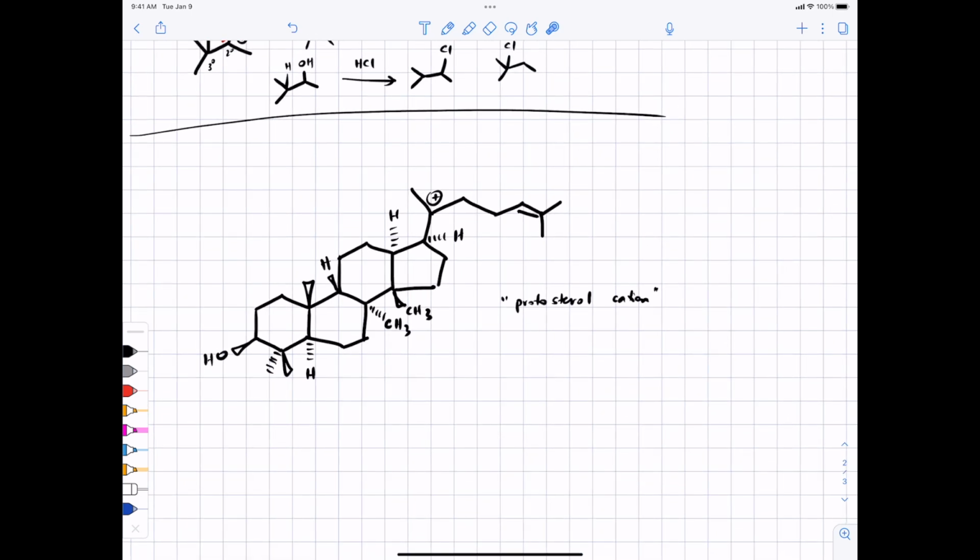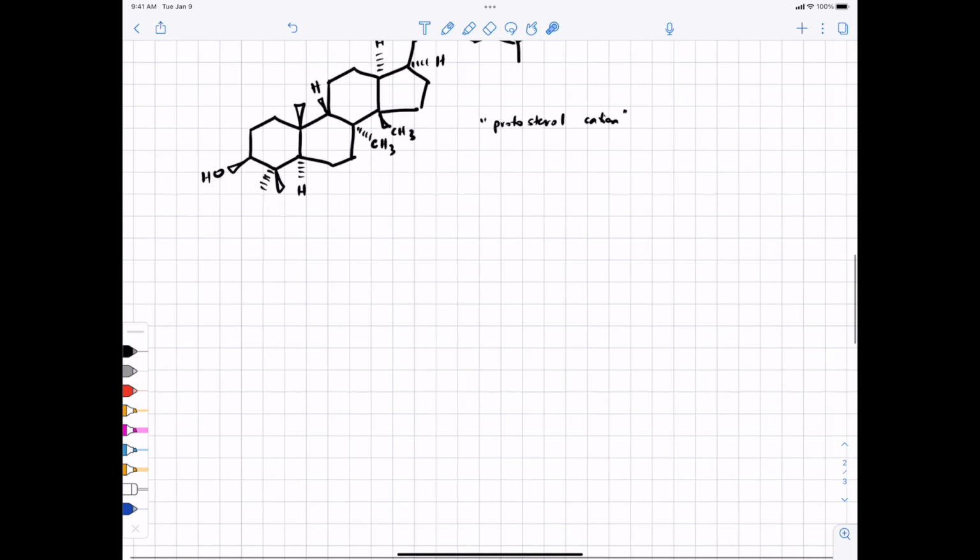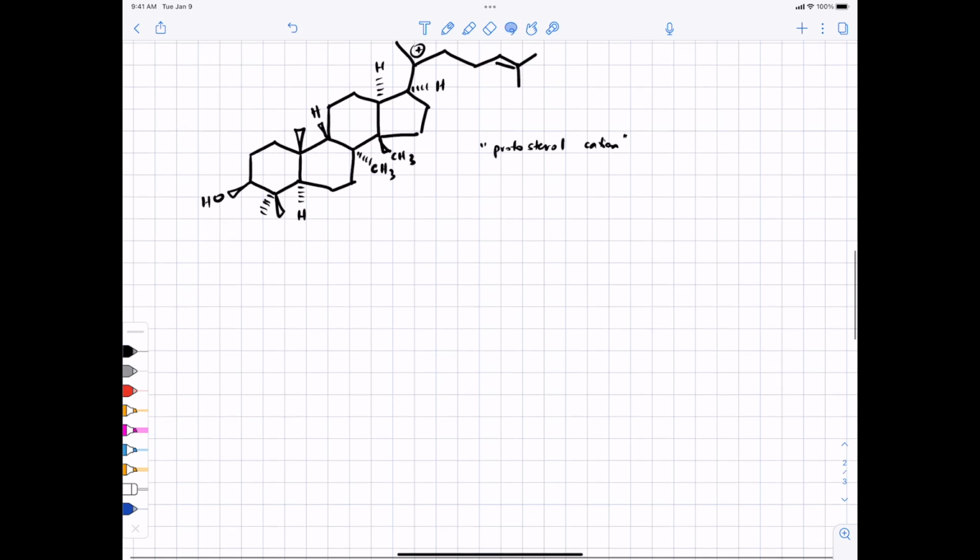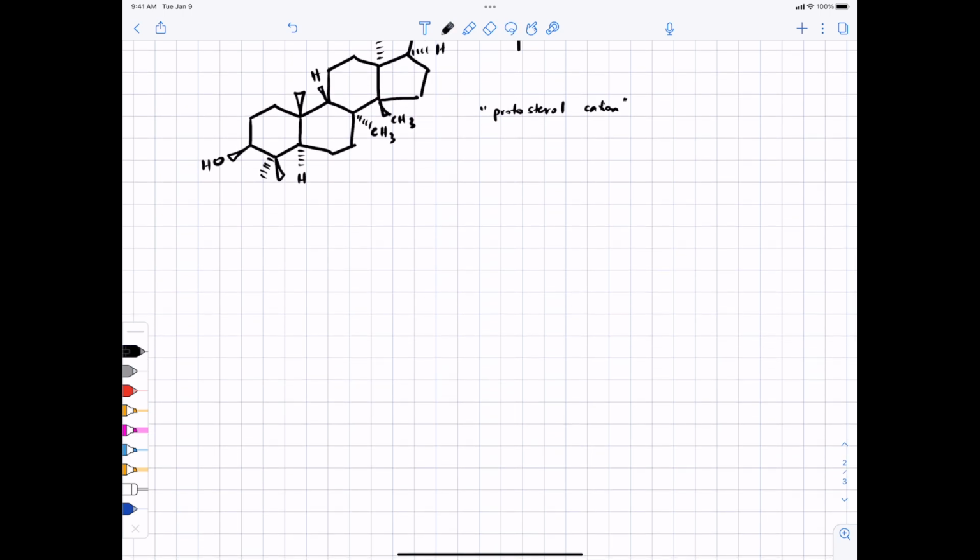The place we want to get to after the carbocation rearrangement is this. So let me draw the whole thing again. I'm sorry to spend all this time drawing, but I feel like the payoff is worth it, so just hang in there.